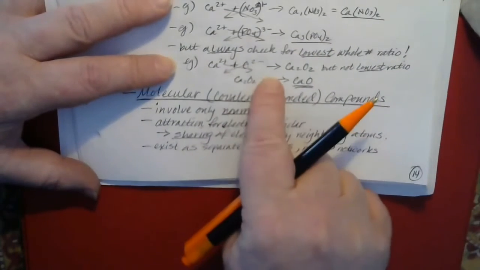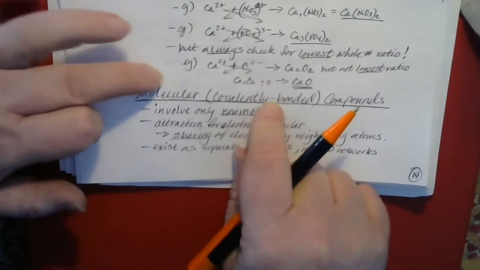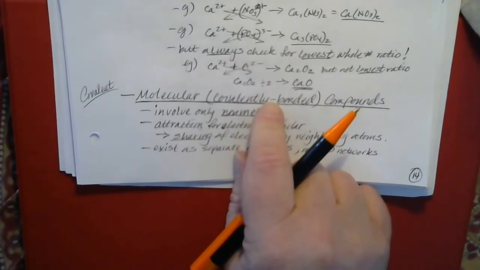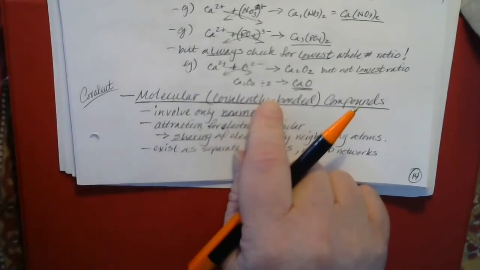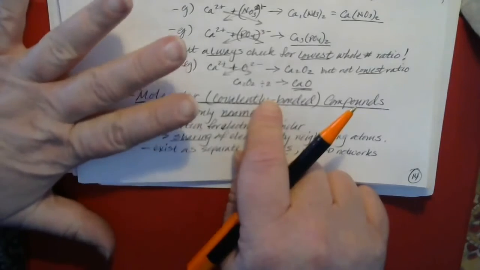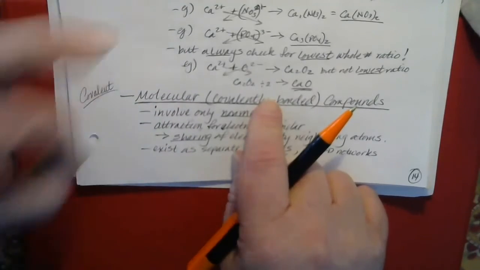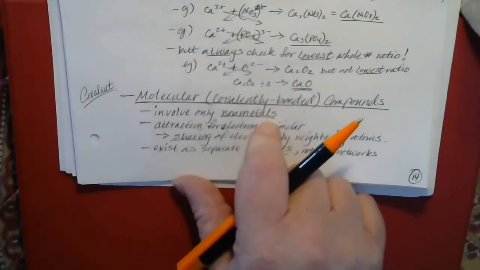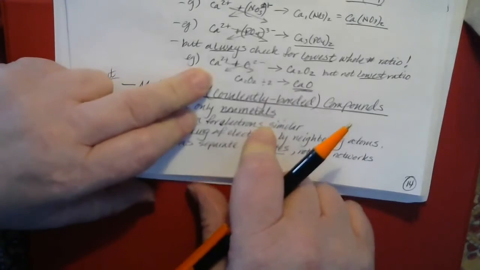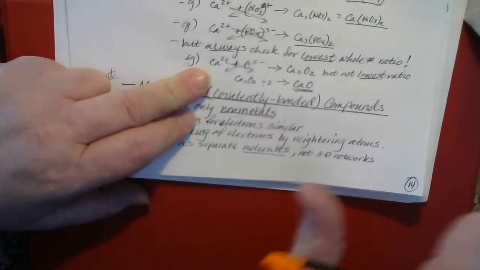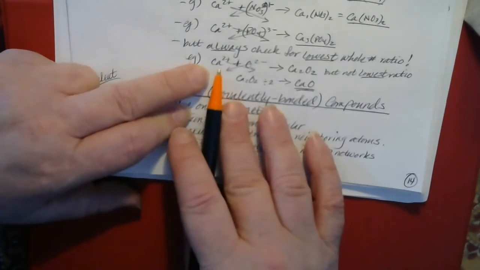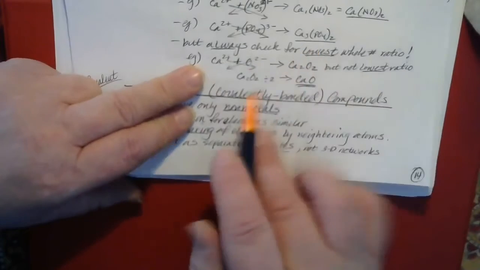You do have to check though, because for one thing, remember, the formula for an ionic compound is almost always the empirical formula for the compound, the lowest whole number ratio of one element to the other. And cross-multiplying can occasionally lead you astray. Like, for example, with calcium oxide.